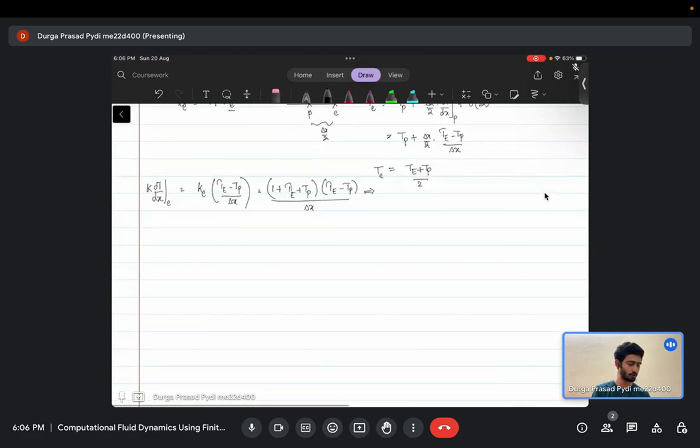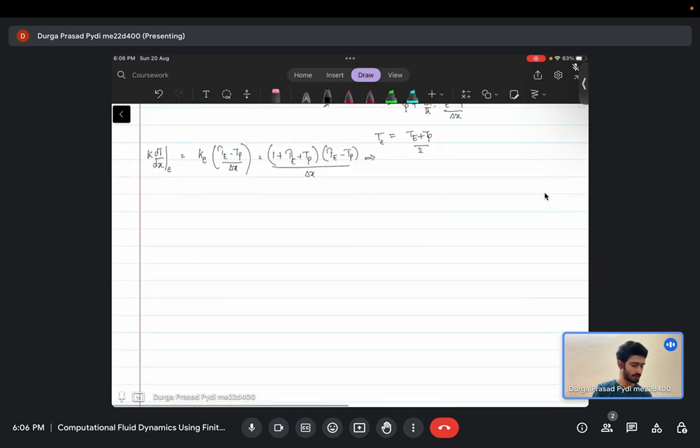If we do the same for the west phase, the resulting equation will be something like 1 plus (Te plus Tp) times (Te minus Tp), minus 1 plus (Tw plus Tp) times (Tp minus Tw), equal to 0. So this is essentially a nonlinear equation. Till now we have been obtaining only linear discrete equations, but if you try to solve this, you will obtain a nonlinear equation, which should be solved using other methods like Newton-Raphson.